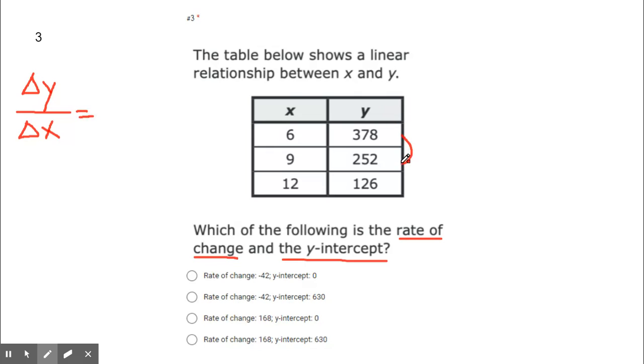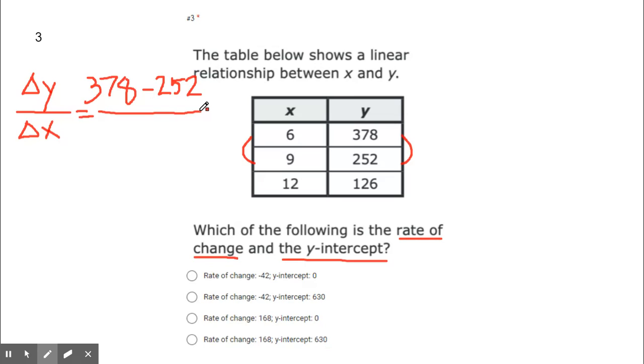So right here, I'm going to look at these 2 points here for my y, these 2 points here for my x. So it goes from 378 as my first y minus 252. That's going to be how much y changed. Then I put that over whatever my x changed.